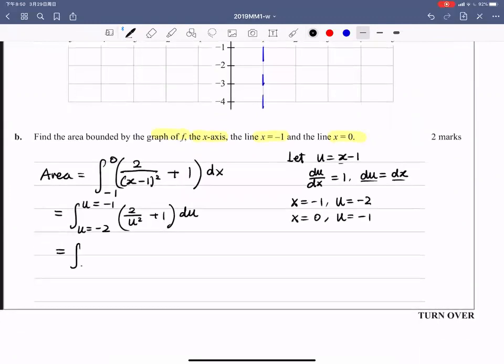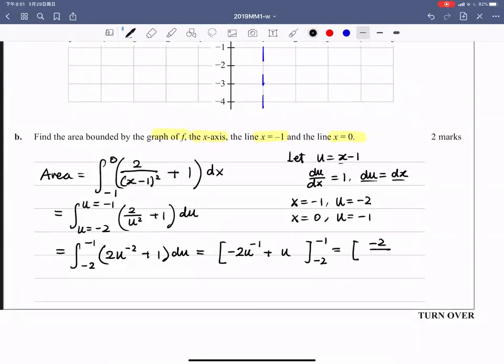Now this is the integral from -2 to -1 of 2u to the power of -2, plus 1, anti-differentiated with respect to u. So this is -2, this is -1. You will be getting -2u to the power of -1, plus u, which is -2 over u plus u, from -2 to -1.